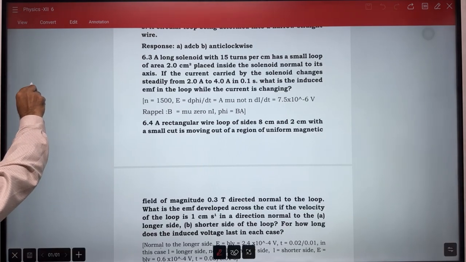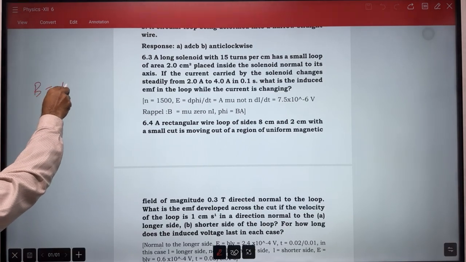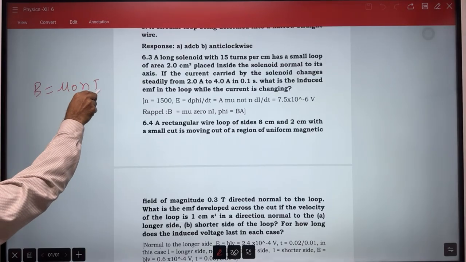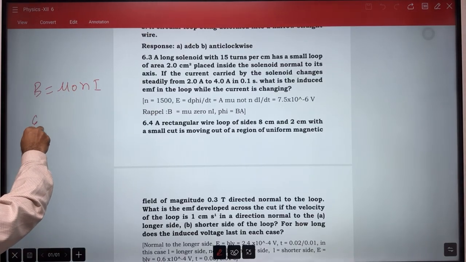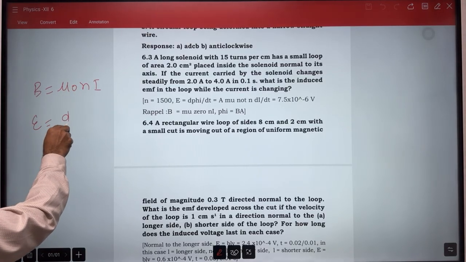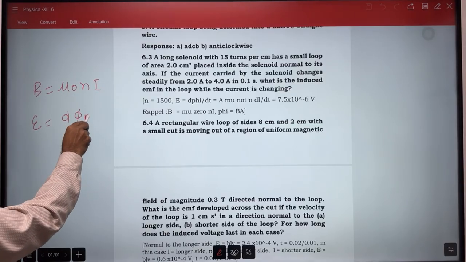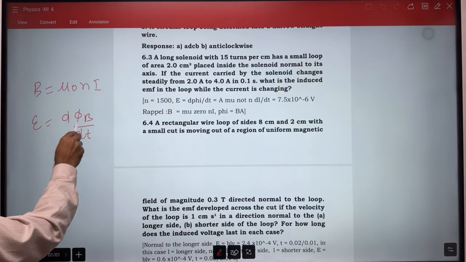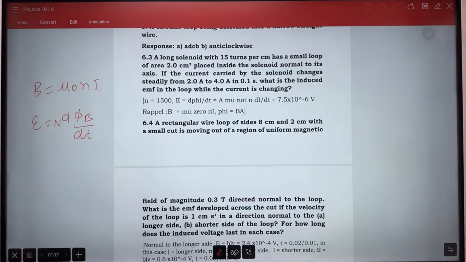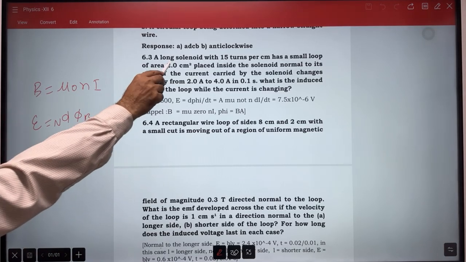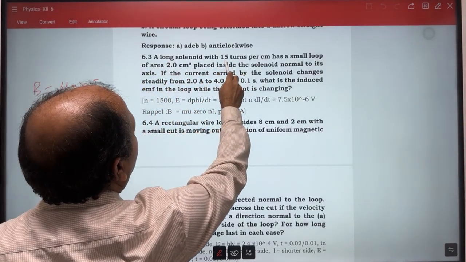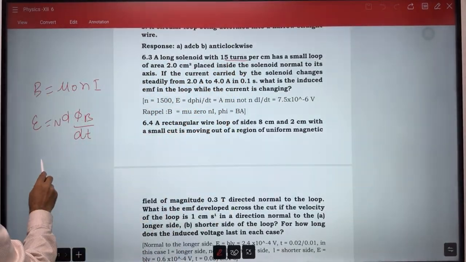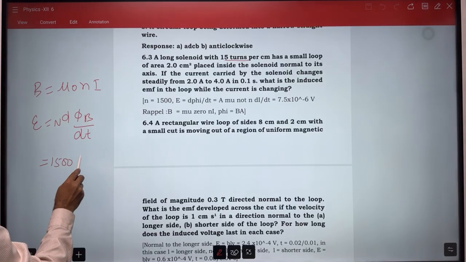So if you remember, B due to solenoid is mu naught n I, and E in magnitude is d phi by dt. If there are n turns, so we can write here n. Here number of turns is 15 turns per centimeter. In 1 meter, number of turns will be 1500, right?